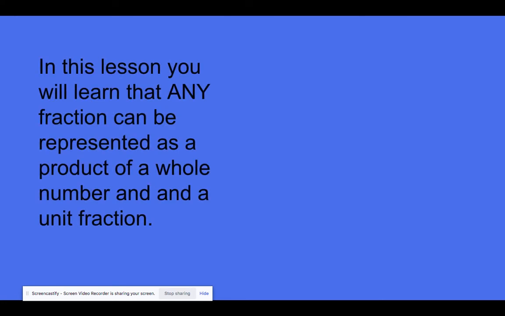In this lesson today, you will learn that any fraction can be represented as a product, so we know we're multiplying, of a whole number and a unit fraction.